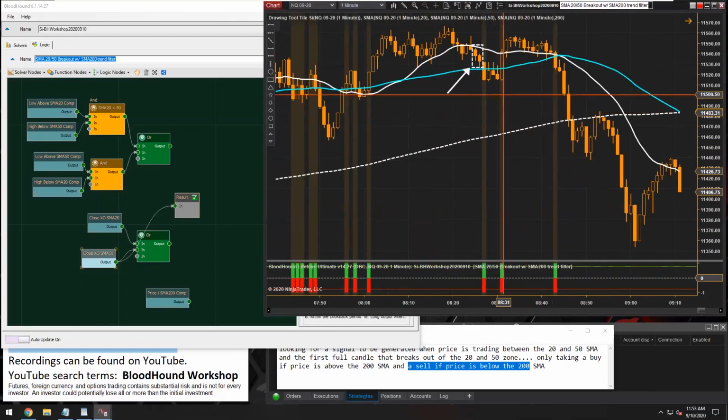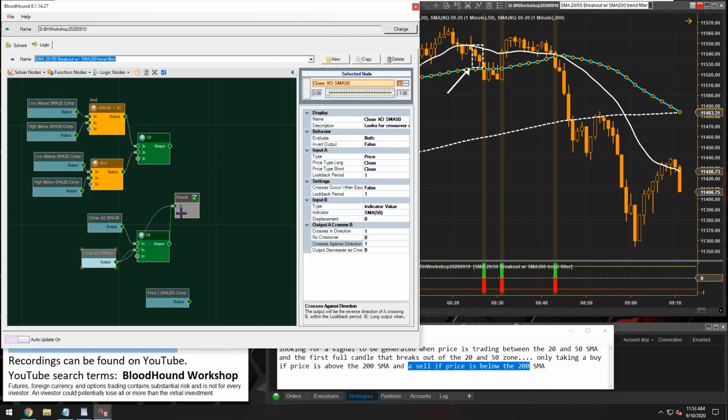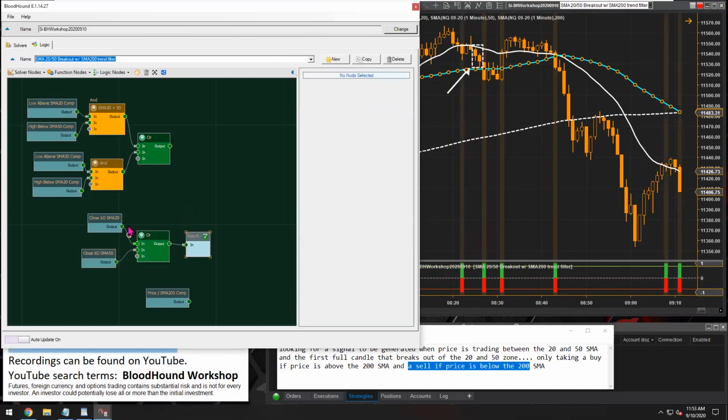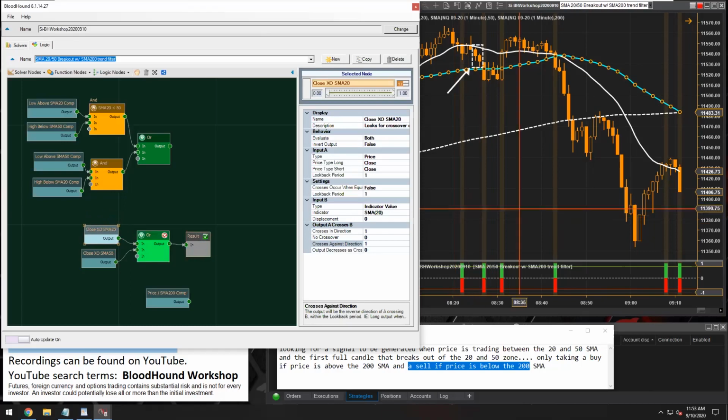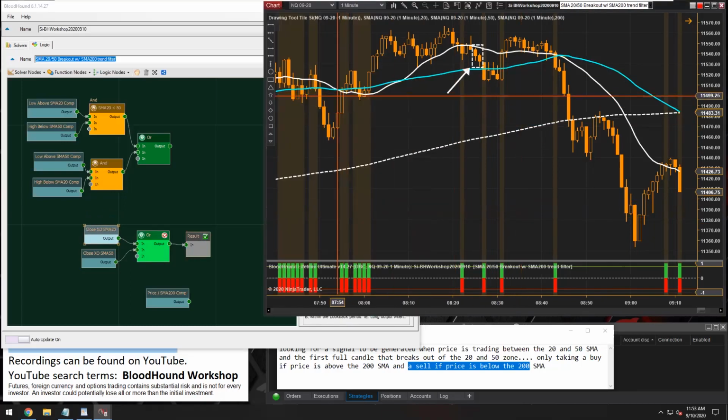There we go. Whenever price crosses the SMA 50, I'm getting a long and a short output. So now if I look at my OR node, whenever we get that crossover condition, I'm getting a long and a short output. Okay, so there we go.